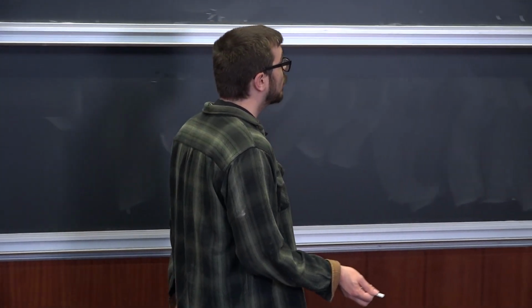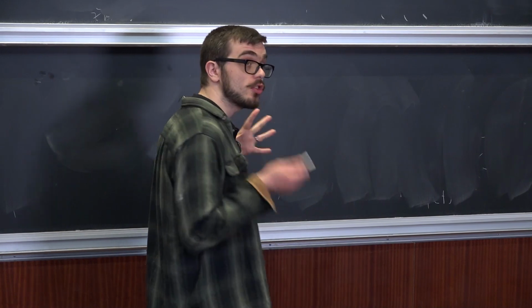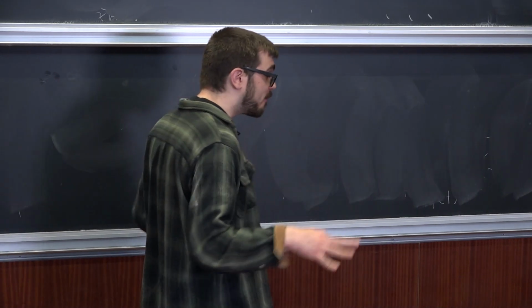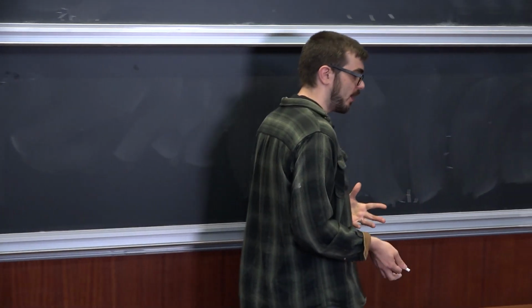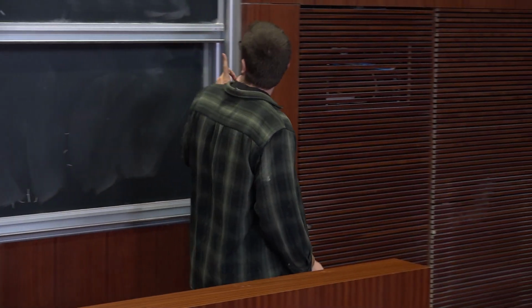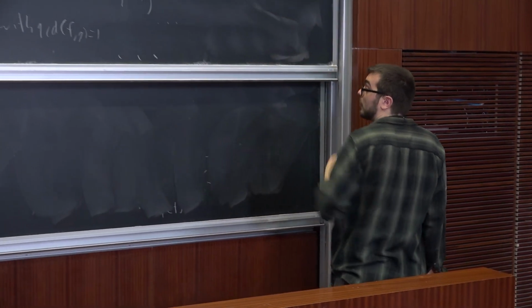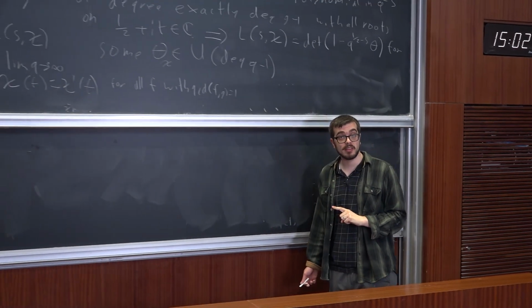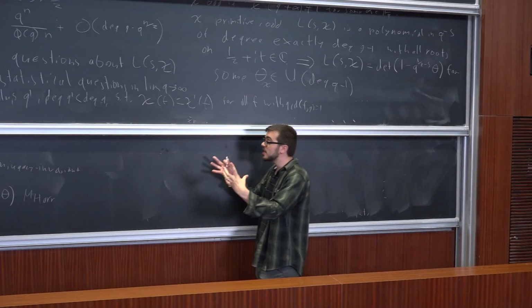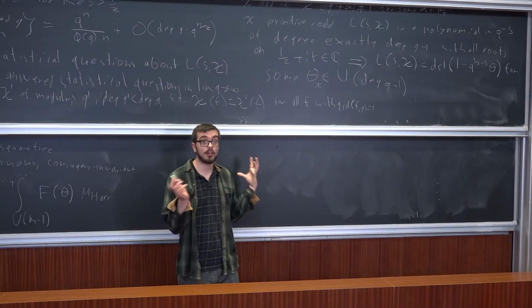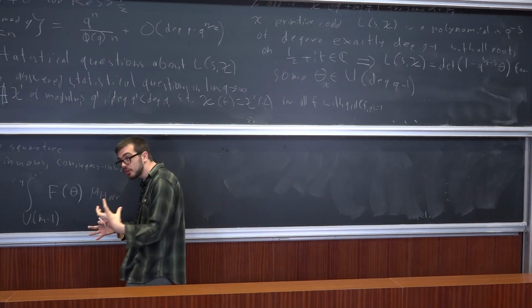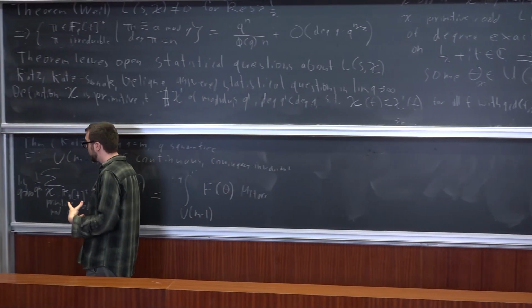But if you were trying to prove a theorem that was true, not just on average, but true for every single L-function, beyond saying it has to come from a characteristic polynomial of a unitary matrix, then your theorem would restrict this polynomial to only coming from certain unitary matrices.